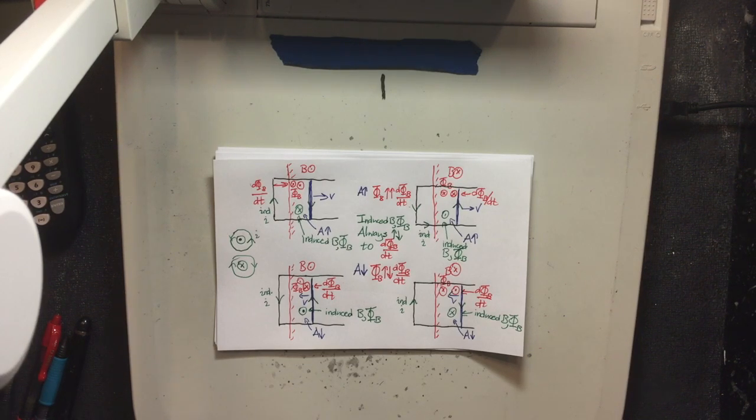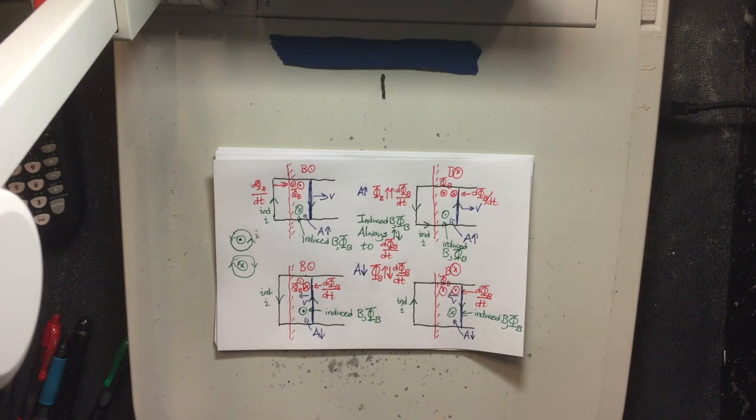All right, now. So to determine our induced current, are we looking at the induced B field or just the B? The induced B field. The induced B field. Yes. I mean, it may be parallel or anti-parallel to B, depending on the situation.